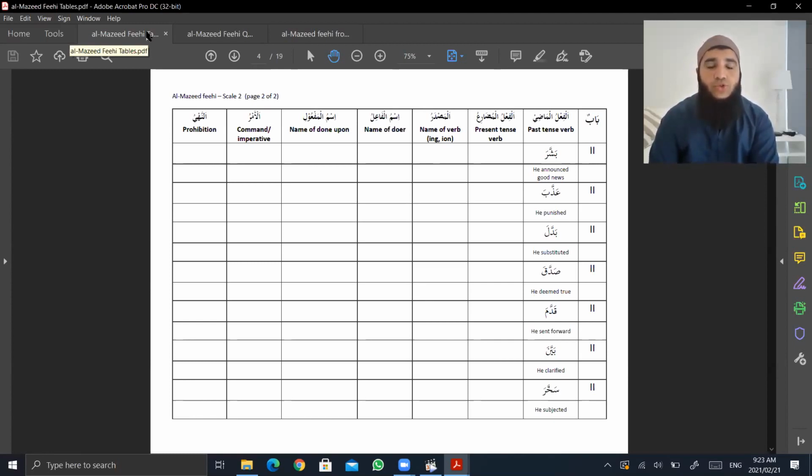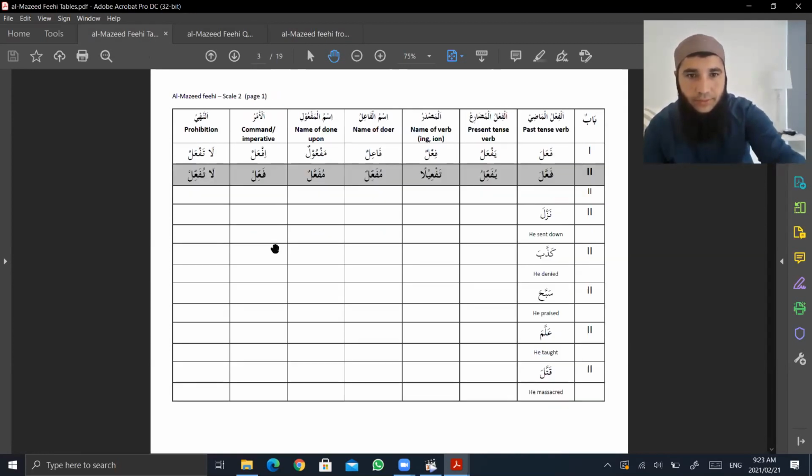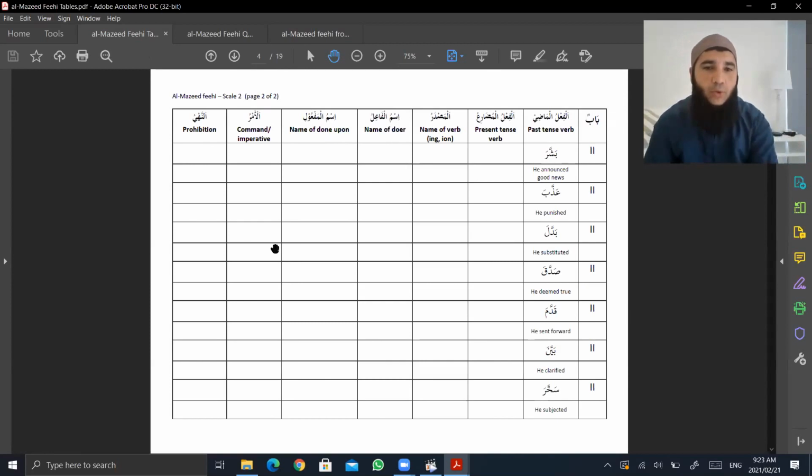صدق يصدق تصديقا مصدق مصدق صدق لا تصدق. Another verb, let's take بين.